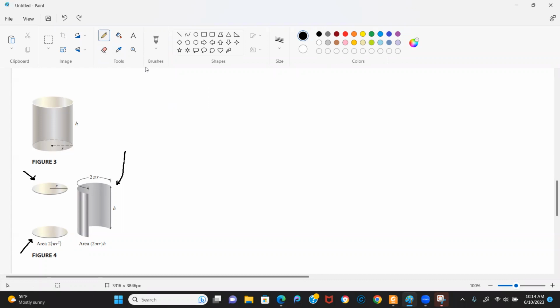There's a direct correlation between the amount of material you'll need and the cost. So if you can minimize the amount of material you need, you will minimize your cost. What's the amount of material we need? Well, it's just the surface area of this can. So we're going to talk about surface area, and this is what we want to minimize.